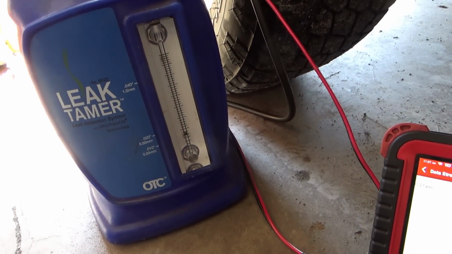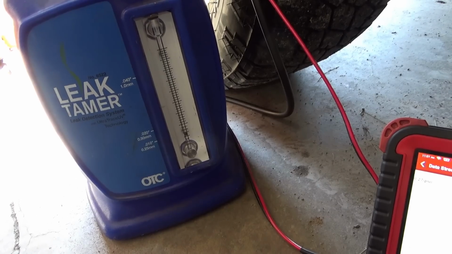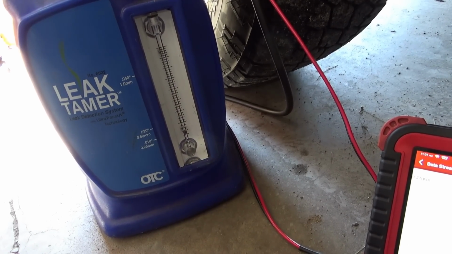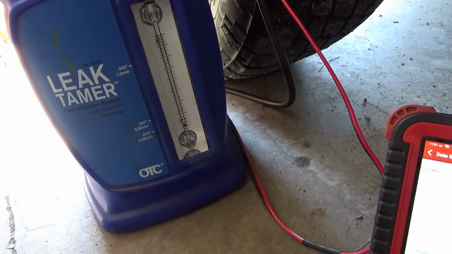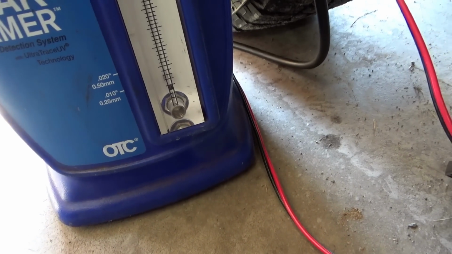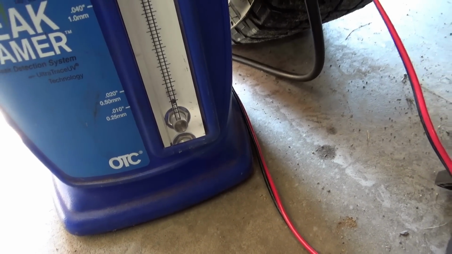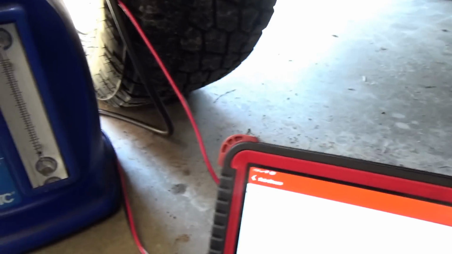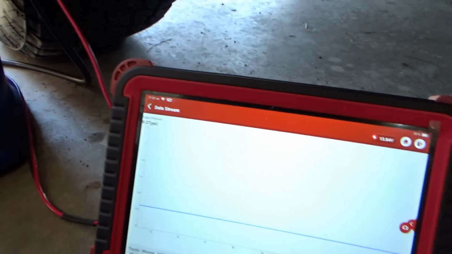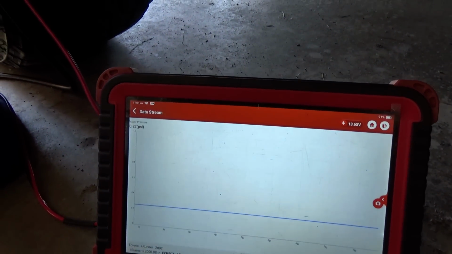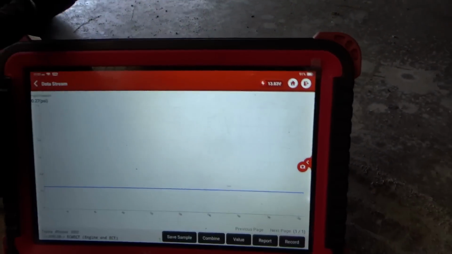And it doesn't look like we have any leaks at all. Beautiful. So we'll shut that off. We can release our vent down here.